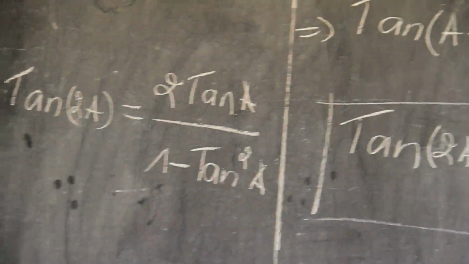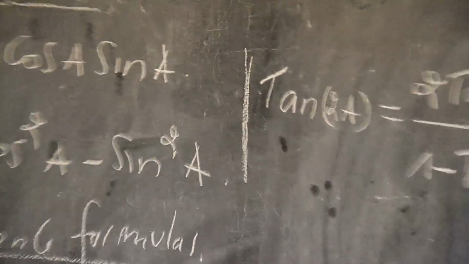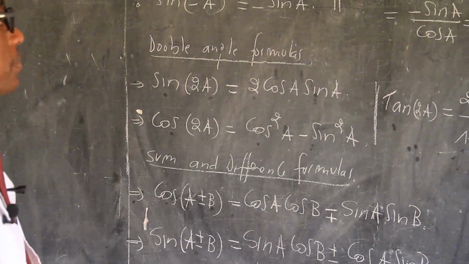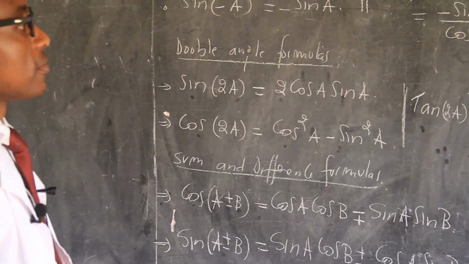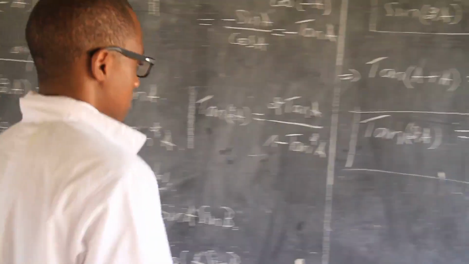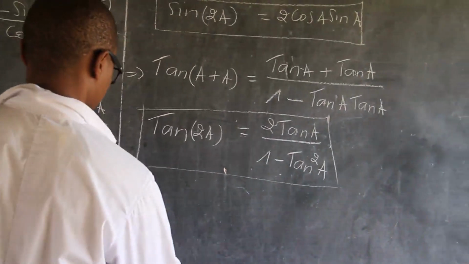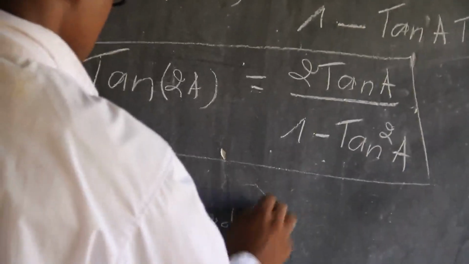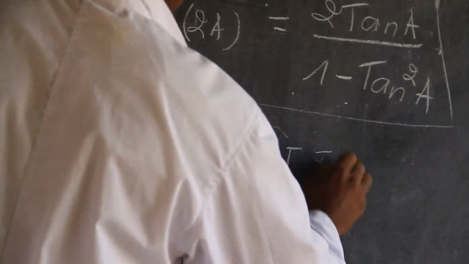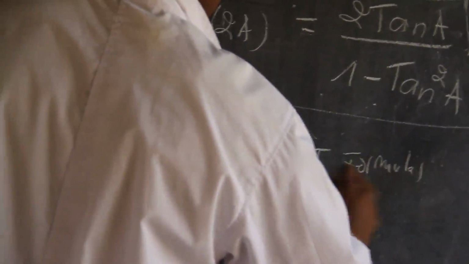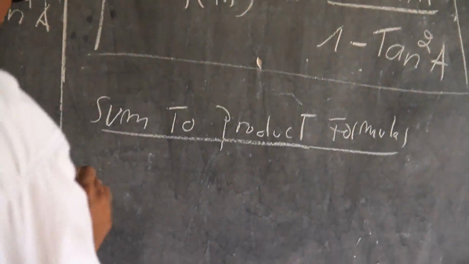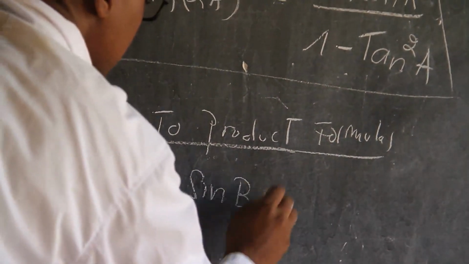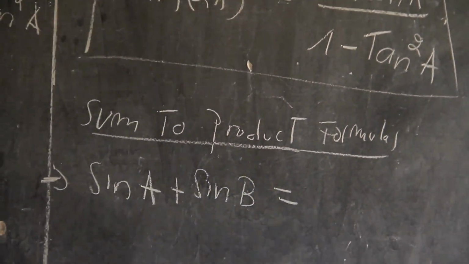Now, these are sum and difference formulas. So I can show you other formulas called sum to product formulas. Suppose you have sine A plus sine B. What is this?